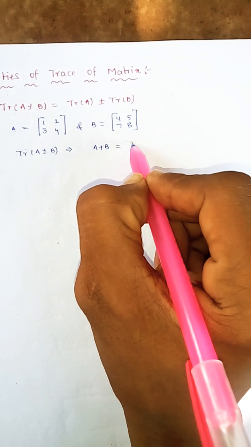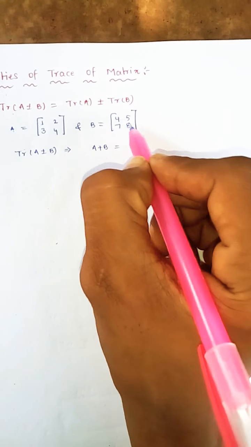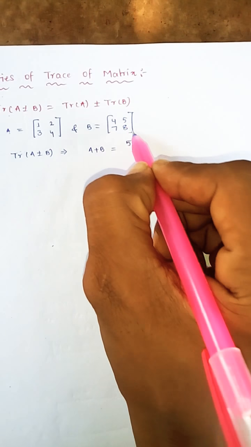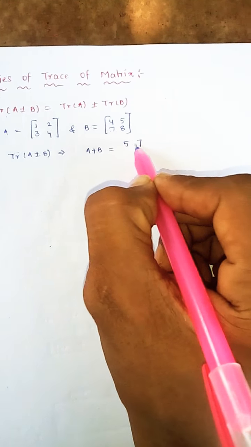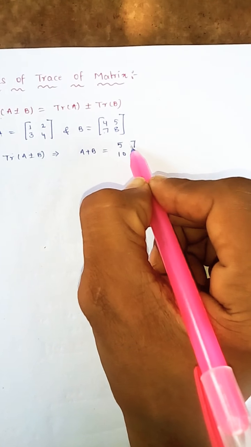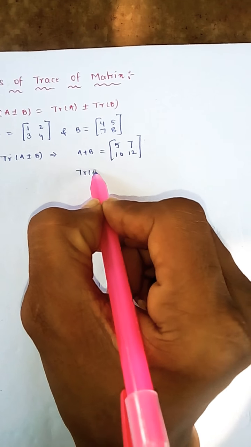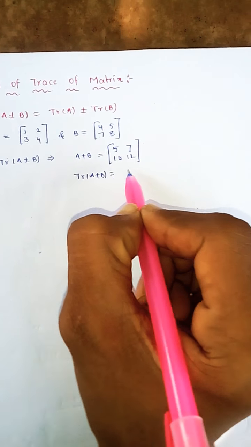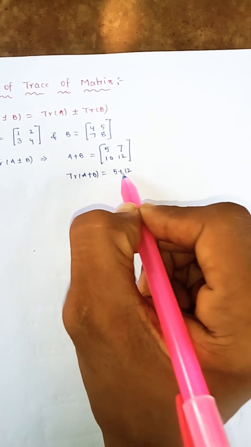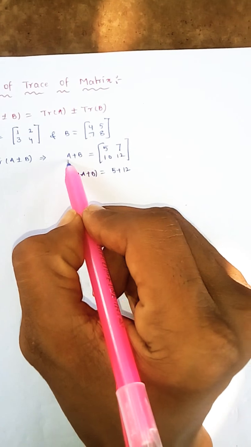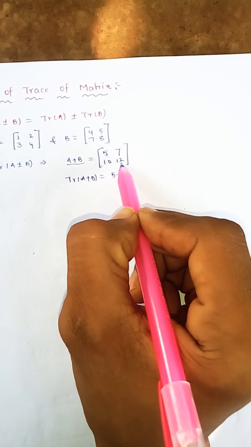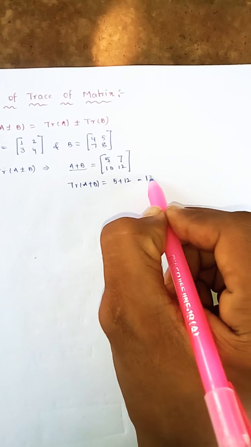A plus B is equal to 1 plus 4, 5, 2 plus 5, 7, 3 plus 7, 10, 4 plus 8, 12. Now trace of A plus B is equal to 5 plus 12. These are the diagonal elements of A plus B matrix, 5 and 12, that is equal to 17.